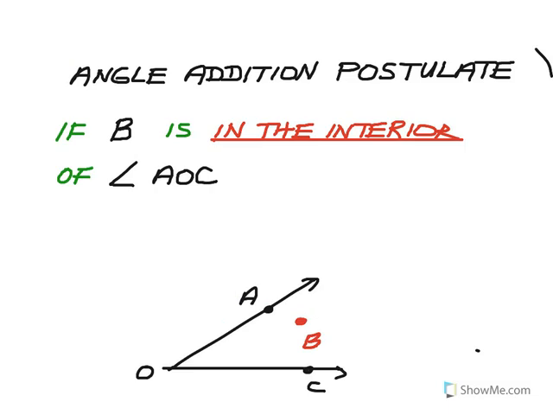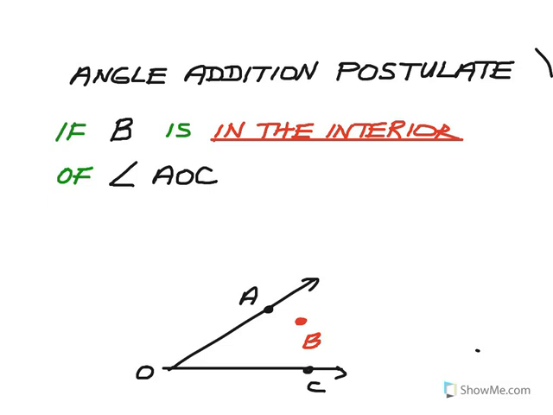Much like the segment addition postulate, we have the angle addition postulate. In segment addition, remember it was important that point B be between A and C for the two segments to add up on the same line. Well, in this postulate, point B has to be in the interior of the angle, so inside the space between the two sides of the angle.